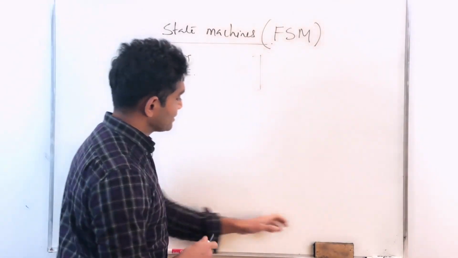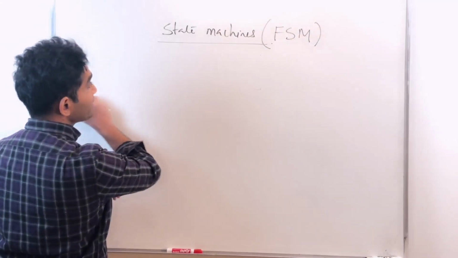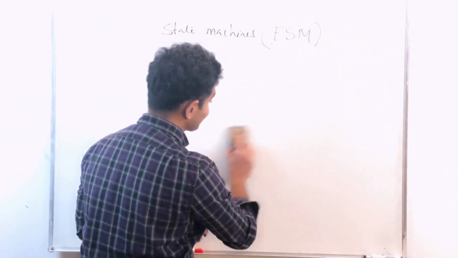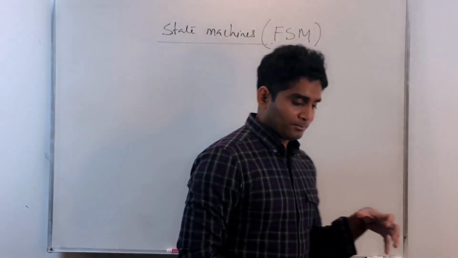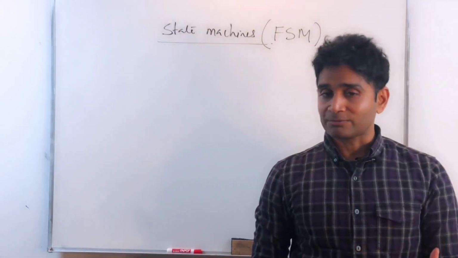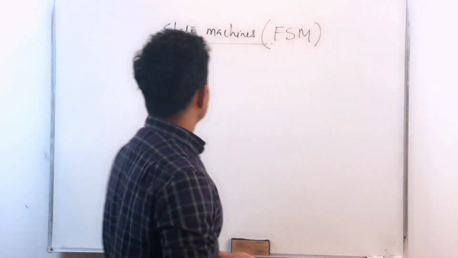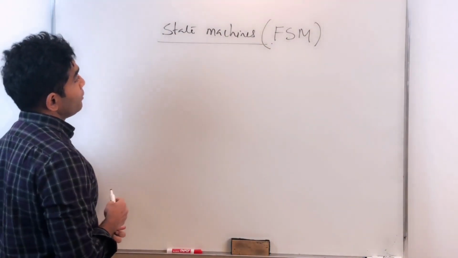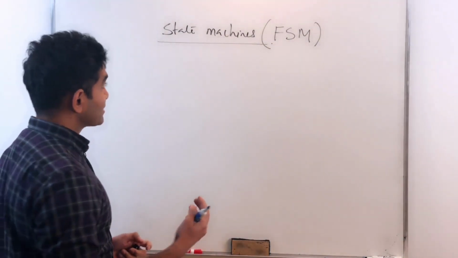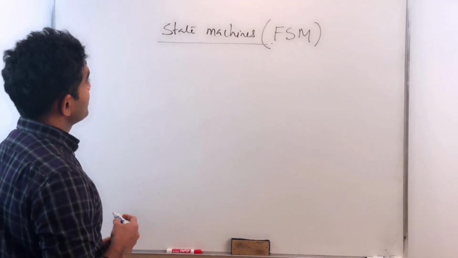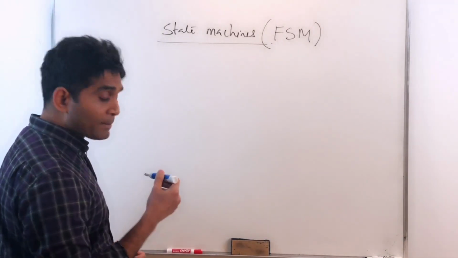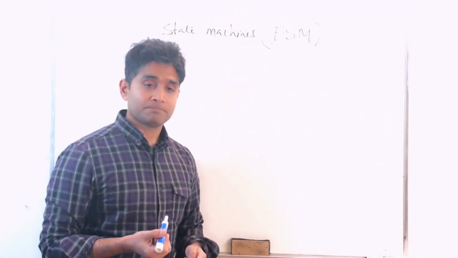We'll try to implement a synchronous counter, as in the counter is basically synchronized with the clock, with the master clock. All the components of the counter are synchronized with the master clock. And implement it as a state machine.